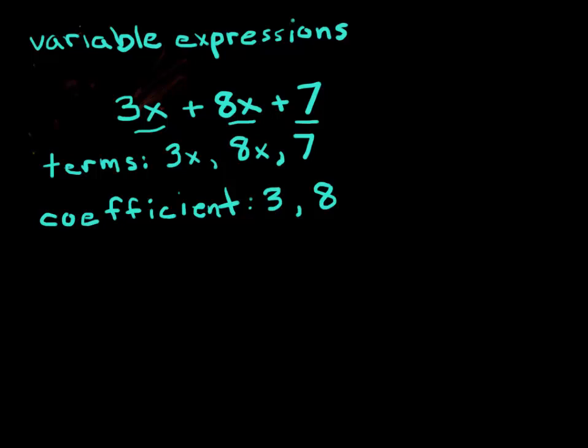The last term in this expression is known simply as a constant term or constant. A constant is when you have a number by itself. So in this case, the constant in this expression is 7.